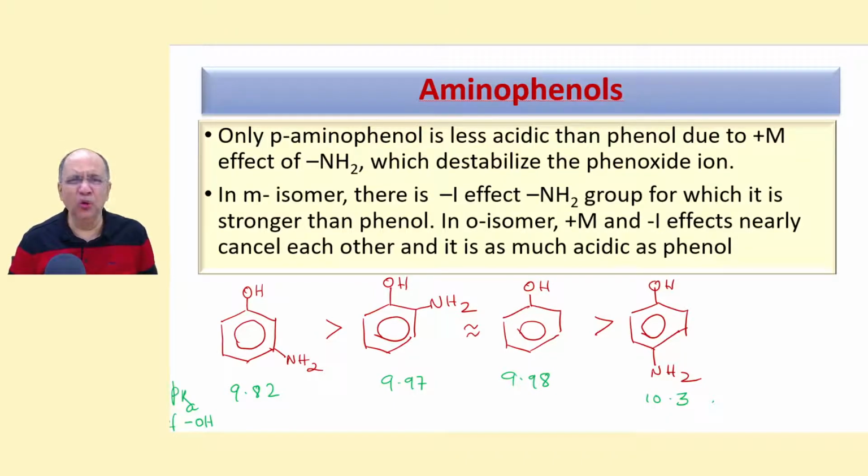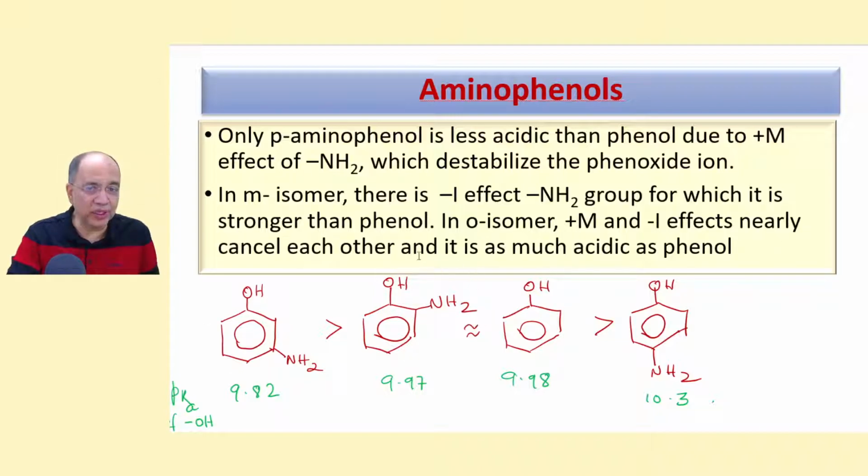Now, aminophenols. Just like methoxyphenols, meta will show minus I effect to make it most acidic. We are considering the acidic power of the OH group. So most acidic is meta-aminophenol, then ortho, which is almost the same as phenol. We can say that in ortho, plus M and minus I nearly cancel.